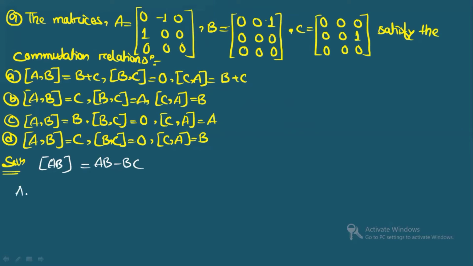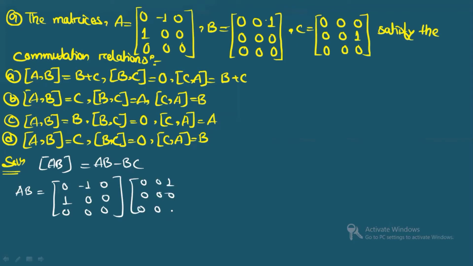So first we will find AB. Just take the product of these two matrices. This is 1 0 0, this is 0 0 0. B matrix is 0 0 1, and all the rest of the elements are 0. So the multiplication goes in this way.